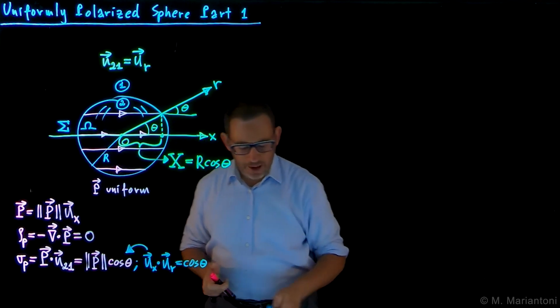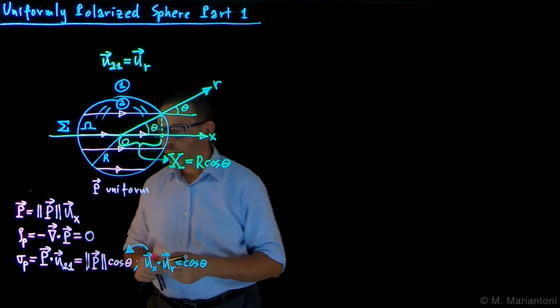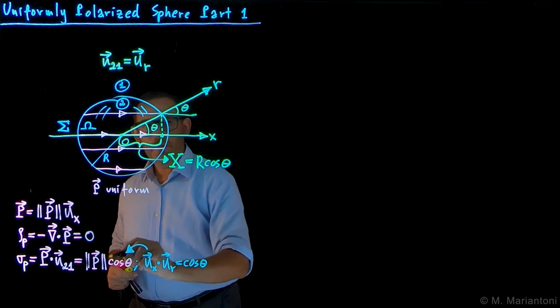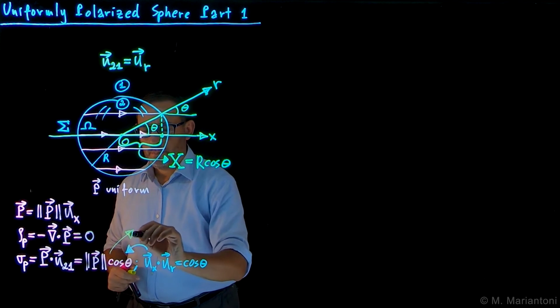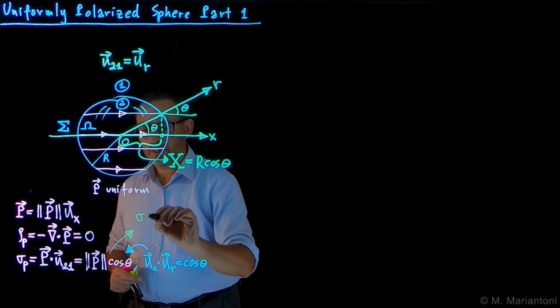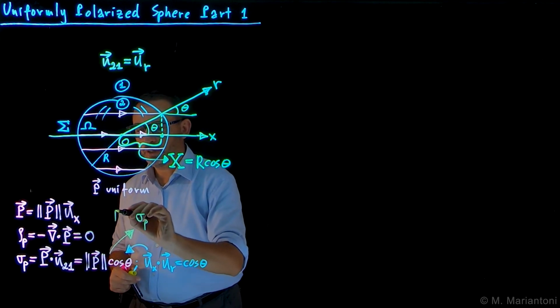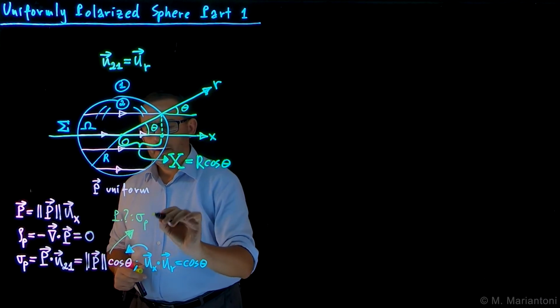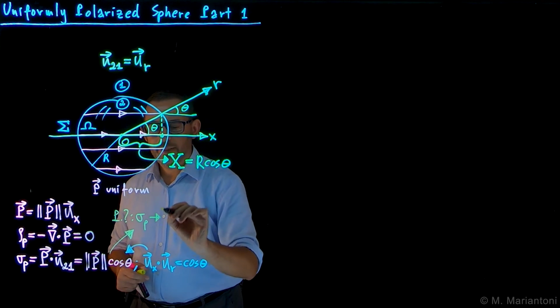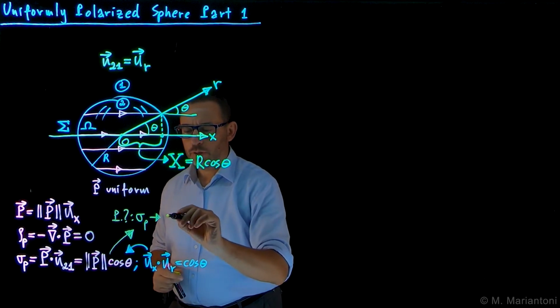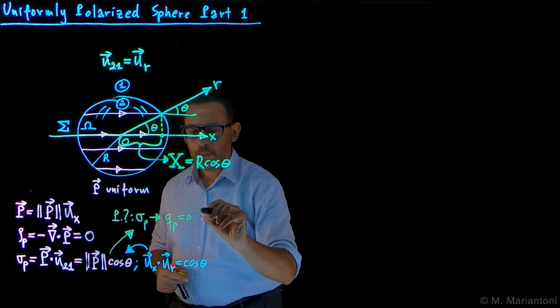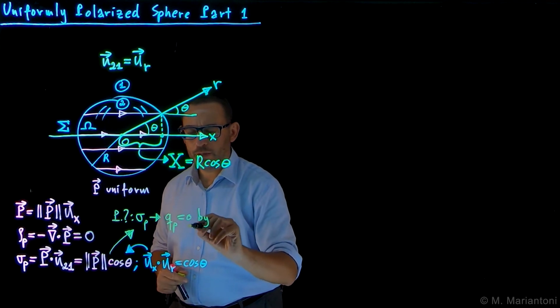Now, a question which I have for you in Piazza is, given such a charge distribution sigma p, this is the question in Piazza, I want you to prove that the total charge Qp is equal to 0 by integration.